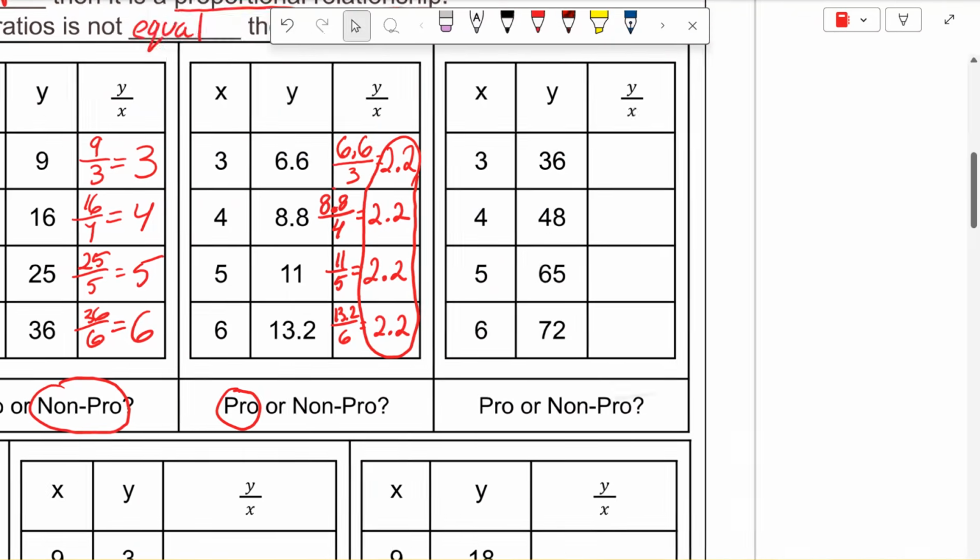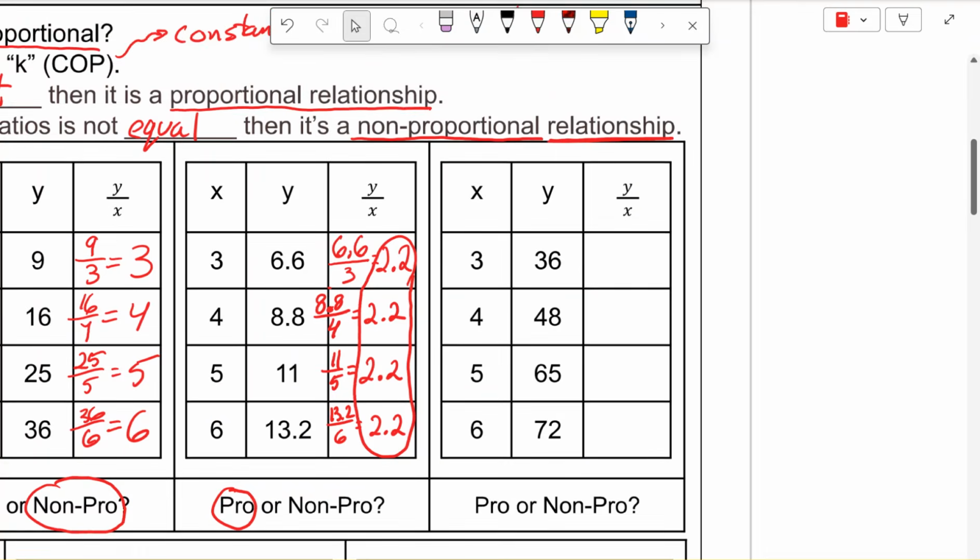And the last one, put the y on top. 36 divided by 3 is 12. 48 divided by 4 on the calculator is 12 again. 65 divided by 5 on a calculator is 13.